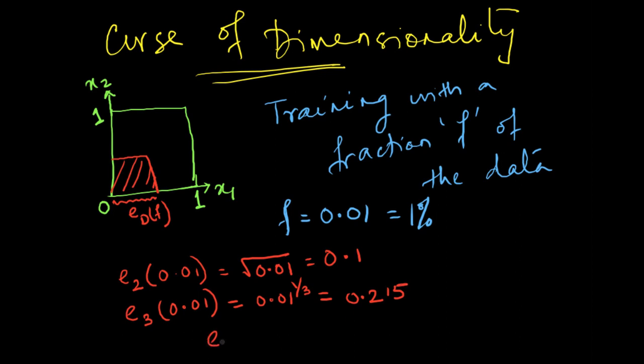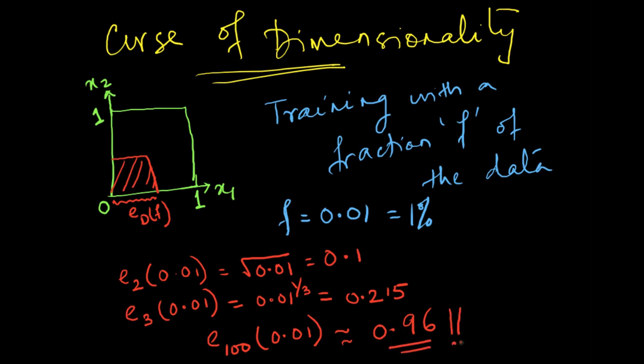When we go to, let's say, E100 of 0.01, what you will get is approximately 0.96, which is almost close to 1.